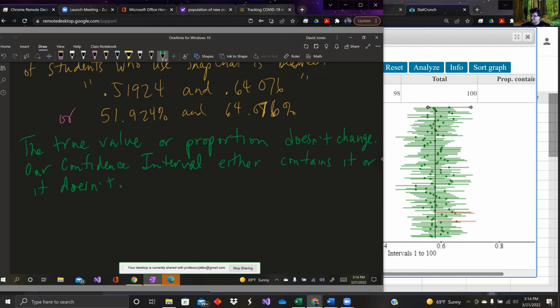What else do I want to add to this? So when we say 95% confident, it means that 95 out of 100 samples will contain that value, and thus it's likely to be in there.